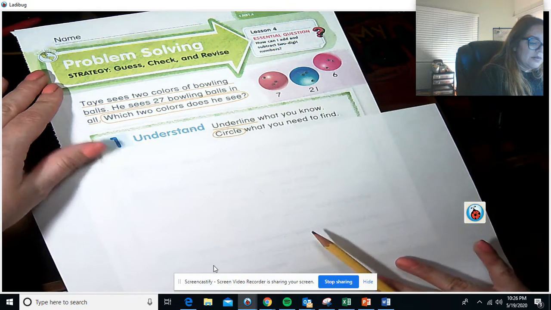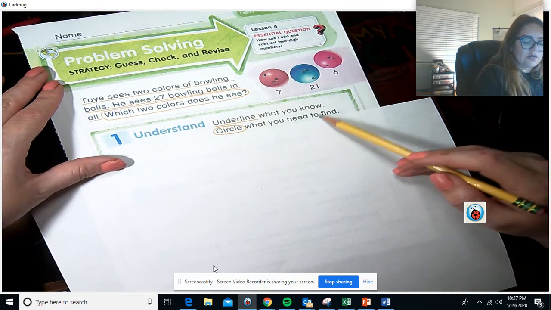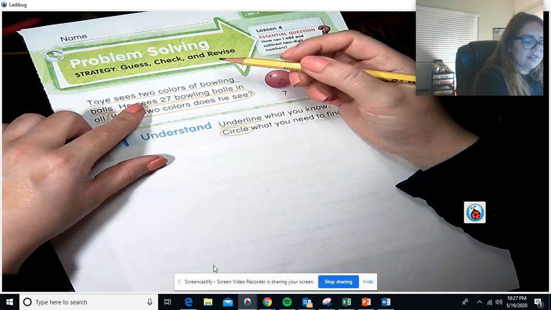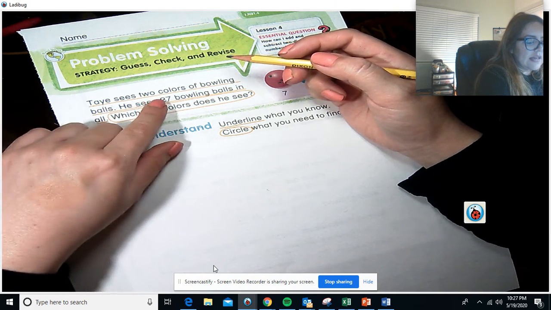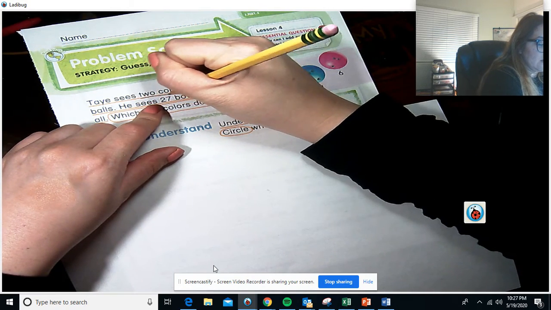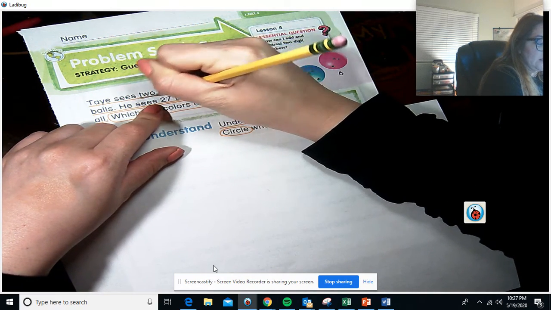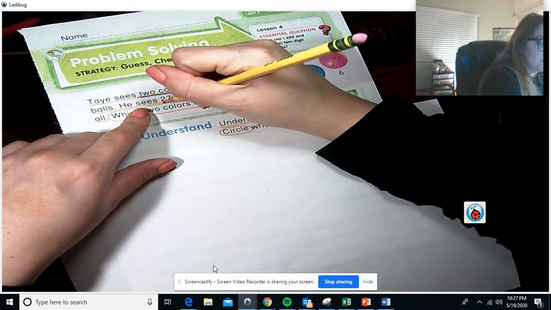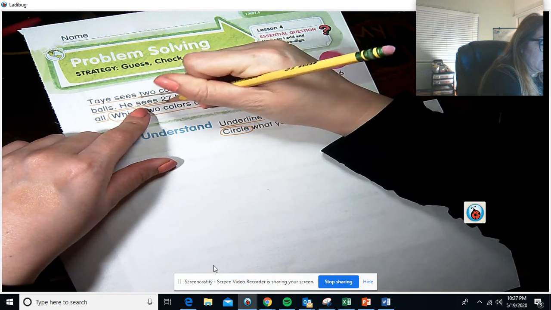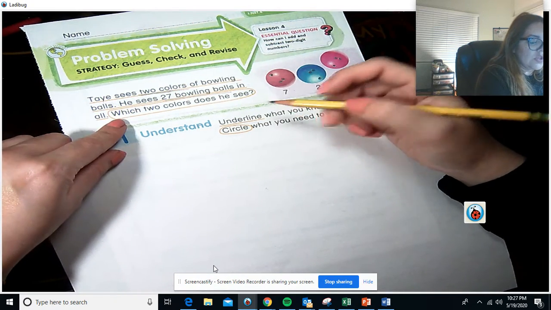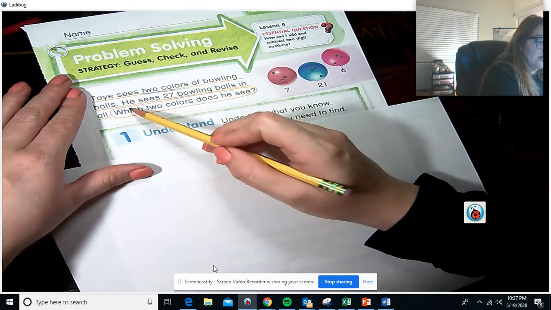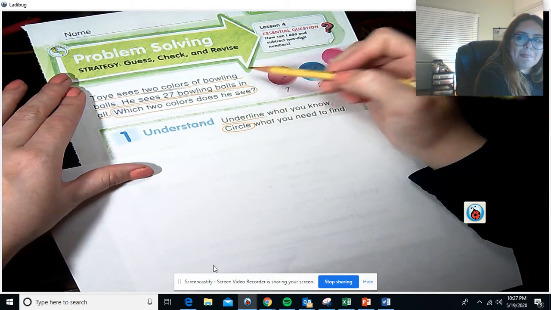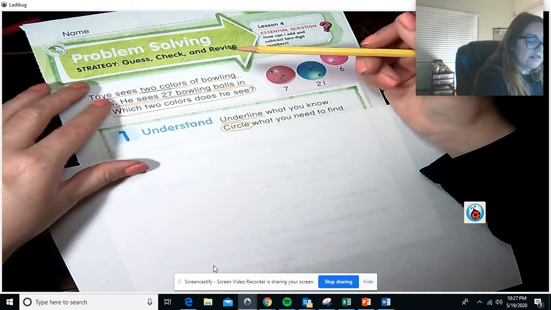So our first step is to underline what you know and circle what you need to find. They already did it for us here, but we're going to kind of mark it a little bit different. We know that Tay sees 2 colors. So all we really need to know is 2 colors. He sees 27 bowling balls in all. Which 2 colors does he see? So this one's a little bit different.